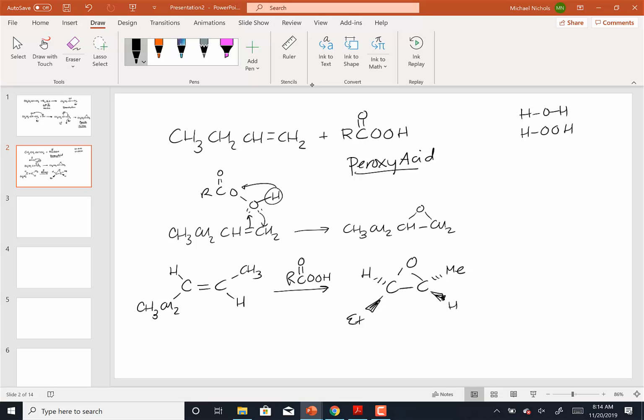Because the oxygen just plops right down on the double bond, whatever the stereochemistry was to begin with, it has to be that way at the end. So trans forms trans.